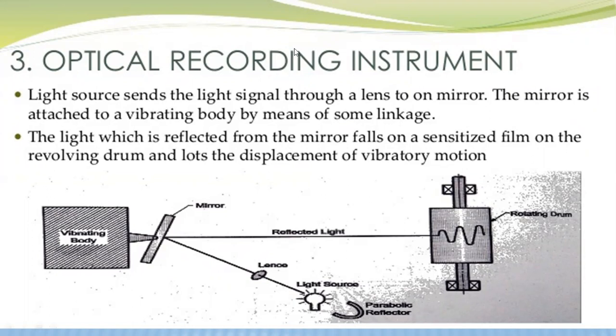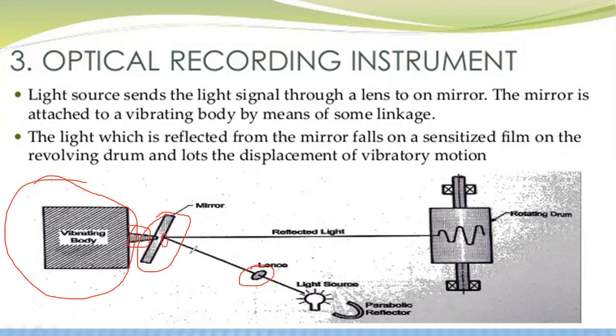It is a vibrating body. We place this vibrating body, and it is attached to a mirror that is connected to one displacement sector. A light source is passing through the lens. The lens is used to focus the light source on the mirror at one point.